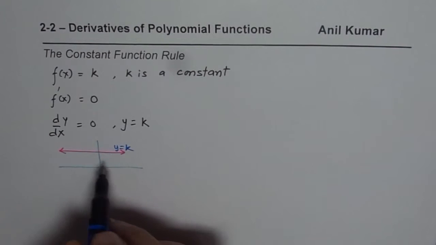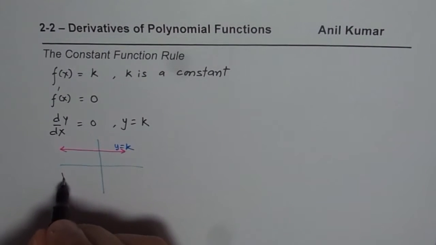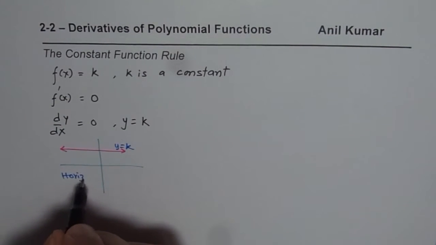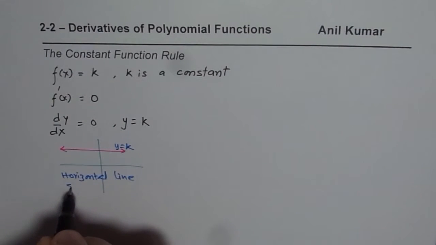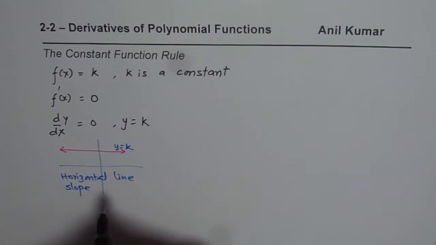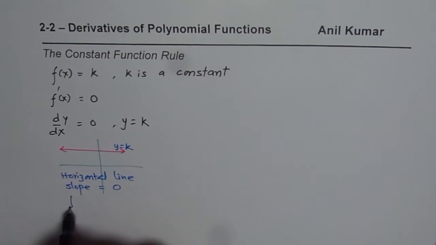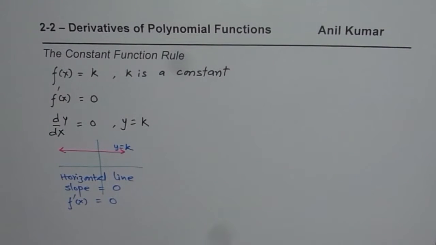Slope at any point will be horizontal, so the slope or instantaneous rate of change is equal to 0, and that is the reason why the derivative of such a function is always 0. So that is absolutely clear.